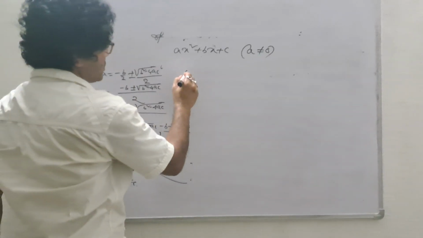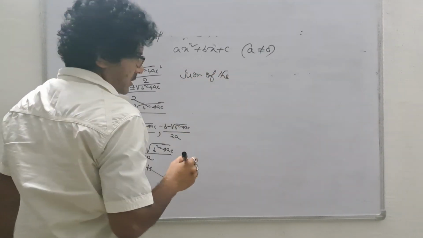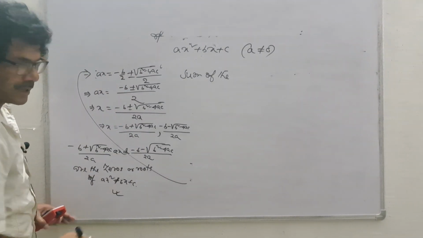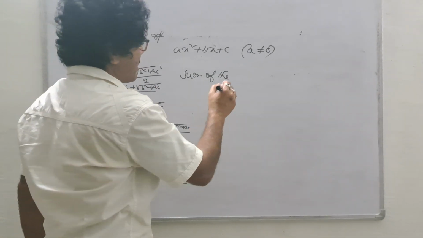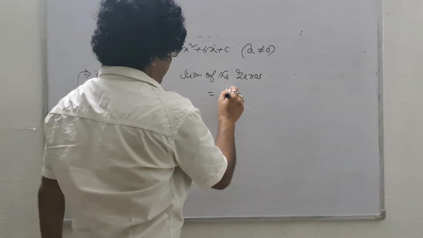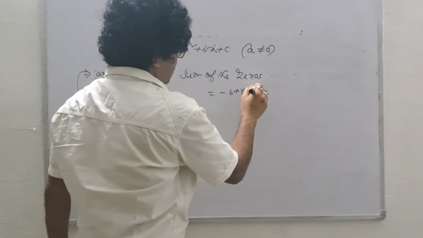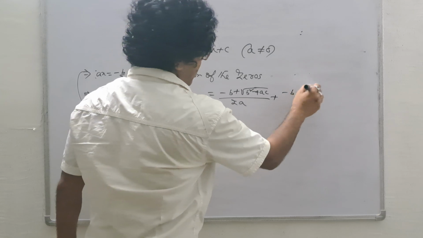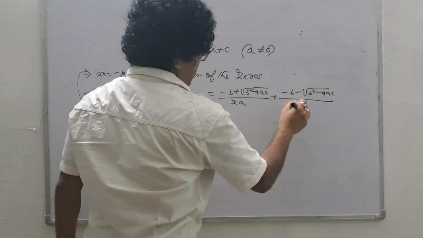So if we want to find out the zeros of the polynomial, then your problem will be over here. Now one more thing I am showing you. The sum of the zeros is equal to what? Minus b plus root of b squared minus 4ac divided by twice a, plus minus b minus root of b squared minus 4ac divided by twice a.